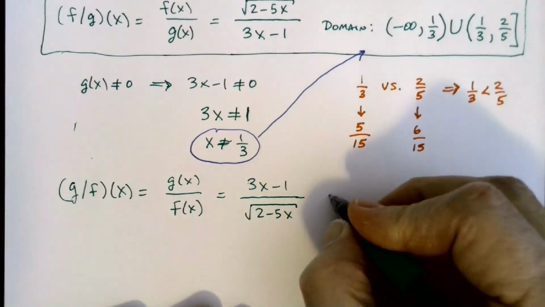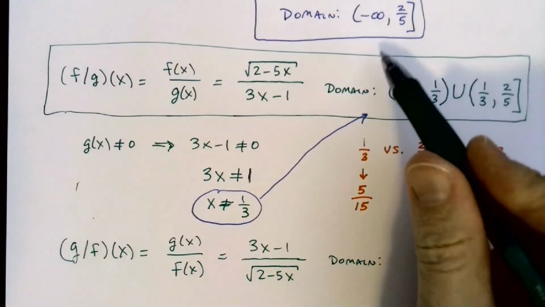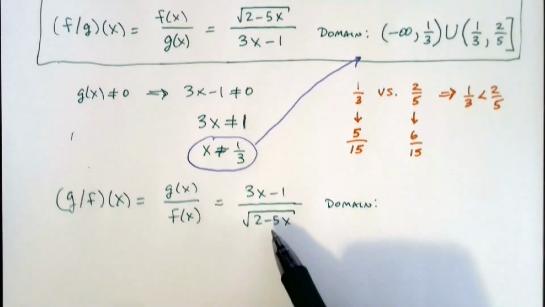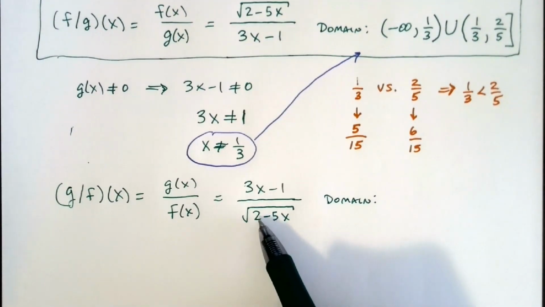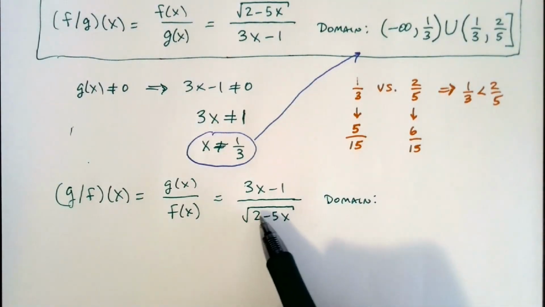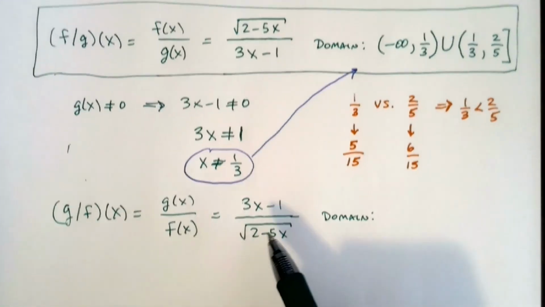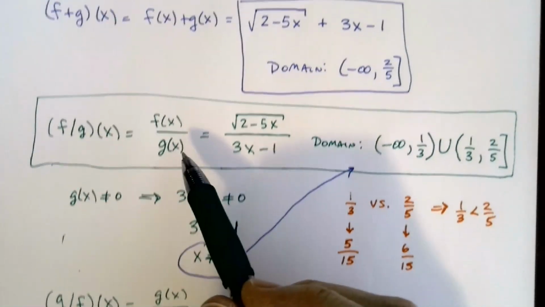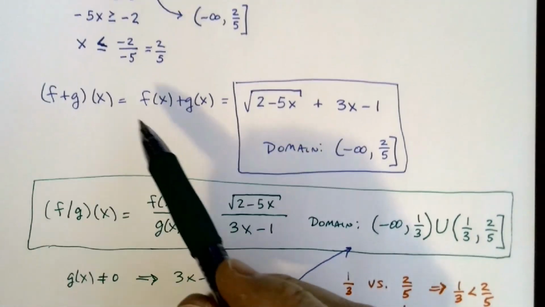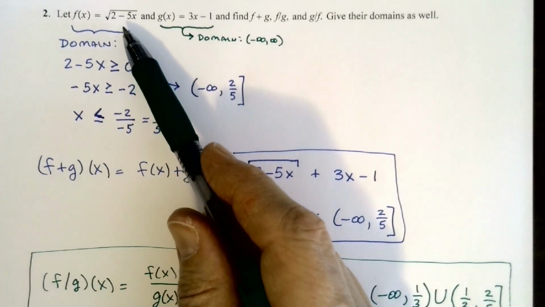What's the domain? Again, we had everything less than or equal to 2/5, but notice this time, if I plug in 2/5 here, what do I get under this radical? 5 times 2/5 is 2. 2 minus 2 is 0. I get 0. And that was in the domain of the original function f of x, right? Because we can take the square root of 0, and we get 0.